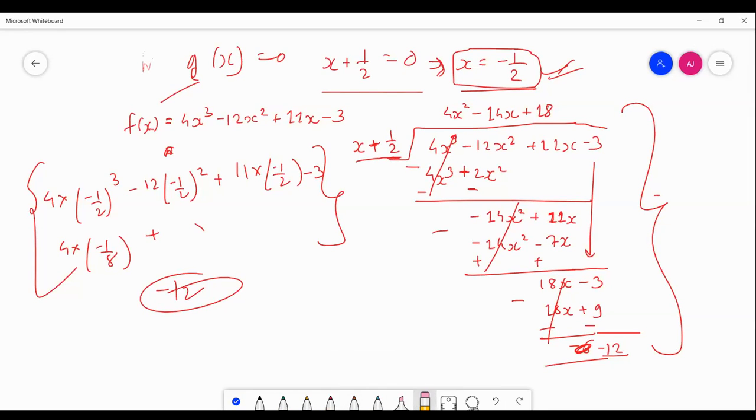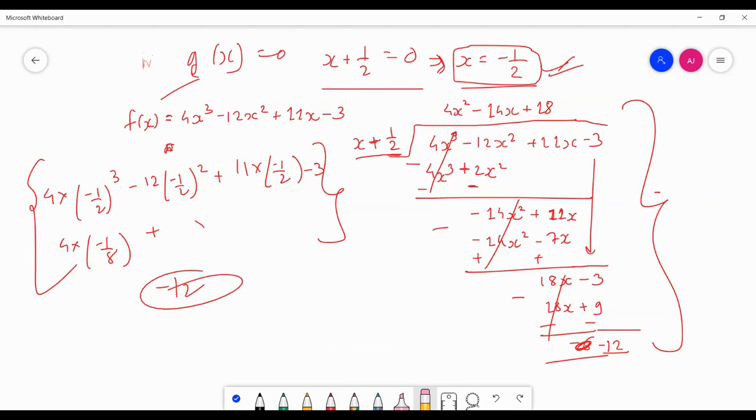Yes, sir. Would you like to note down this long division, or should we move forward? No, sir, I'm writing. Okay, write it. Once done, you can tell me and we will move on.